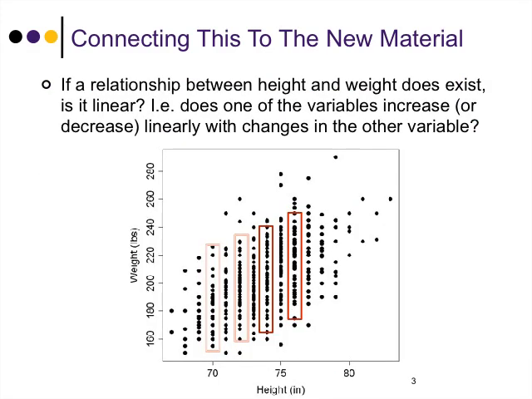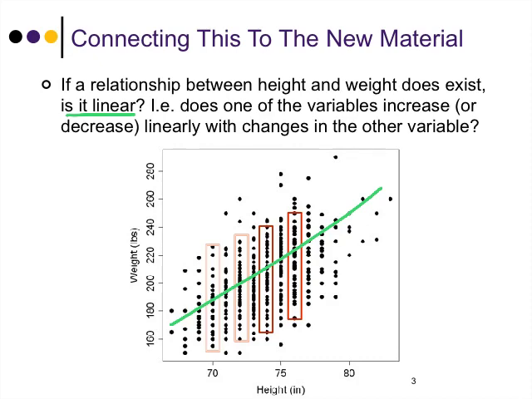So if there is a relationship between height and weight, then one question to ask would be if it's a linear relationship. It's tempting to look at this picture and maybe draw a line like this. That would say, roughly speaking, the taller the person, the heavier you would expect them to weigh.